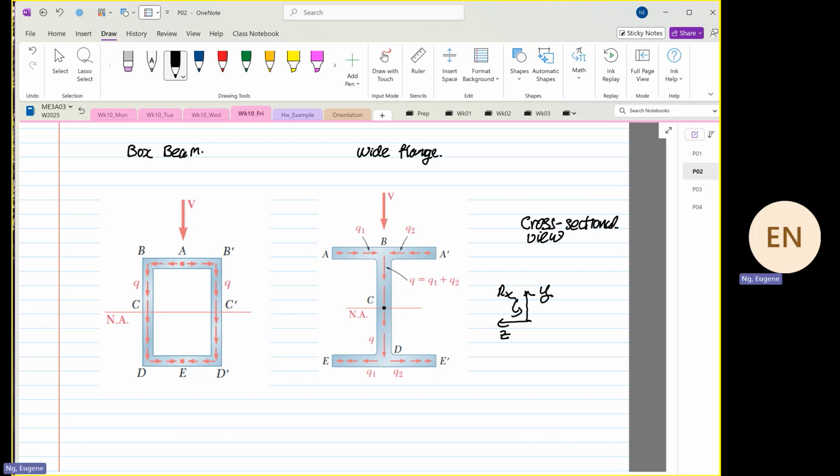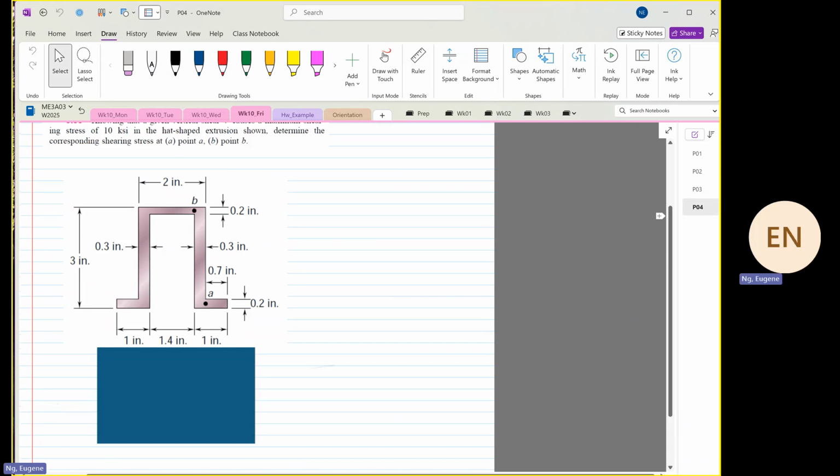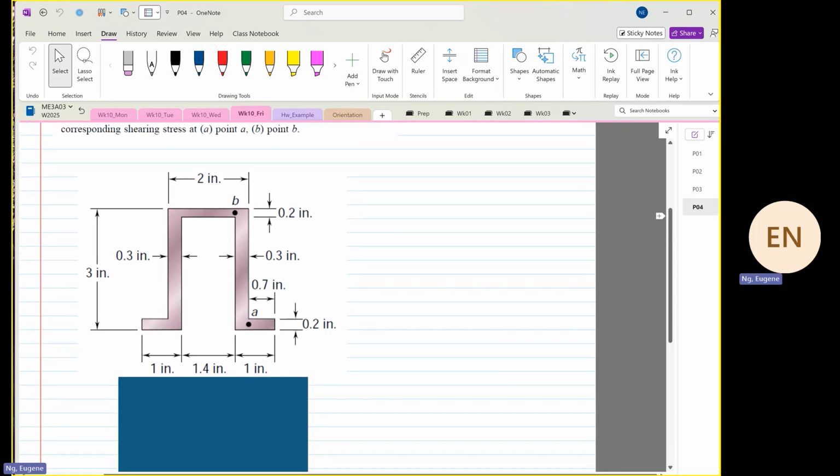And most of the time, 95% of your structure, the cross section is either a box beam or what? Wide flange.